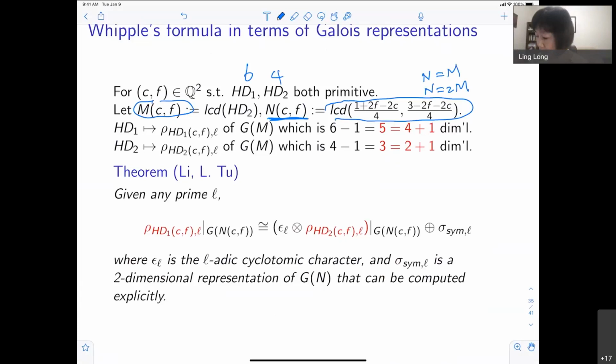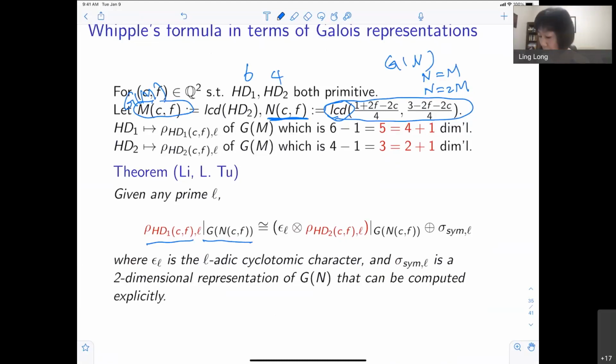This LCD is coming in the background. Actually, there is a Clausen formula that we use; I won't have much time to explain that. But the result is as follows. A priori, both representations will be for G_N. It could be bigger than the capital N over here, the same or index 2. But it doesn't matter after doing the restriction to possibly an index 2 subgroup.